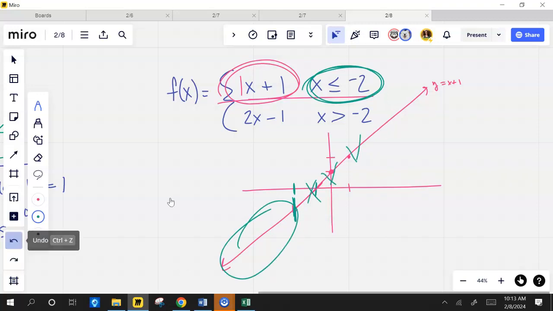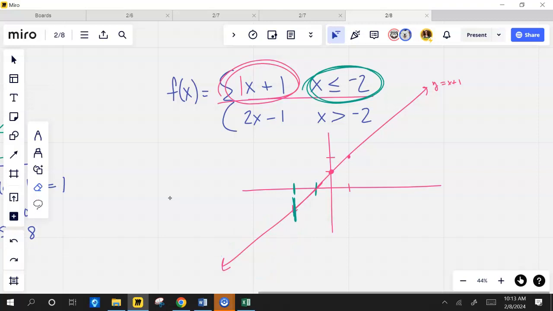So this is why I call it the eraser method: I'm going to come in with my eraser, and I am literally going to erase that part of it. I know I didn't need to. So from -2, I only want the part that's less than x.